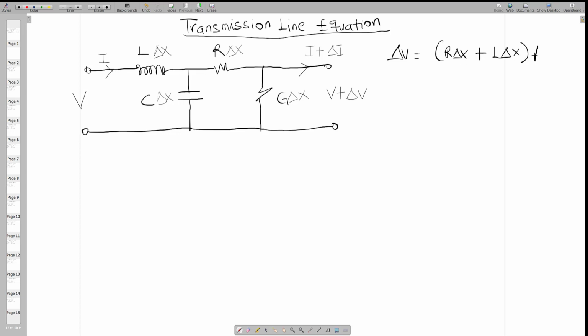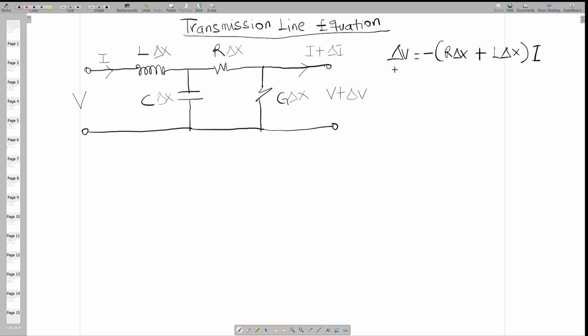So all multiplying I. And I'll have negative here. This negative means that, as I explained earlier, if I apply a voltage here, the voltage that should appear at the output should be less or equal to the voltage that I applied over here. So this negative is explaining how the voltage applied from this end should be less at the output. That is the reason why we have this negative here, right?